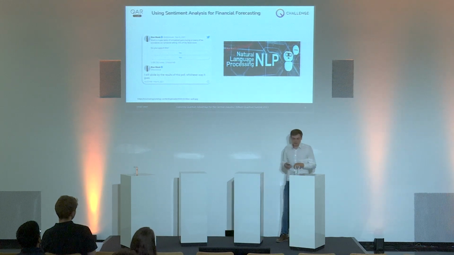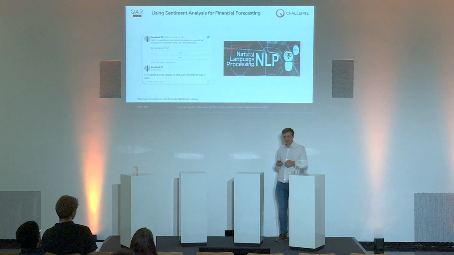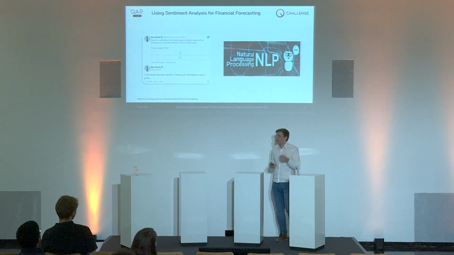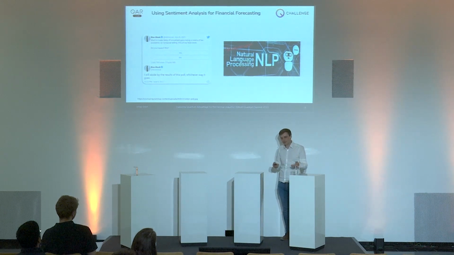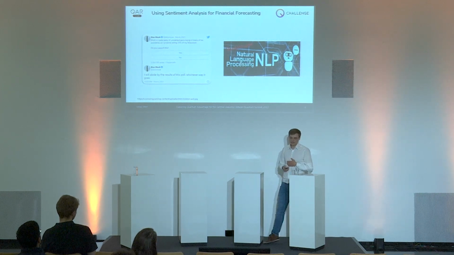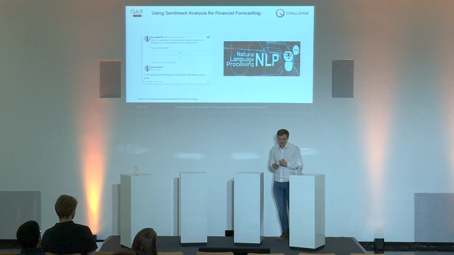This is especially important in the era of online social media and so on, where you can see here on the left side a tweet from Elon Musk where he proposed selling 10% of his Tesla stock, which is also, of course, something that we want to be able to process automatically, because this influences the prices a lot. In the end, by the way, he did sell it.